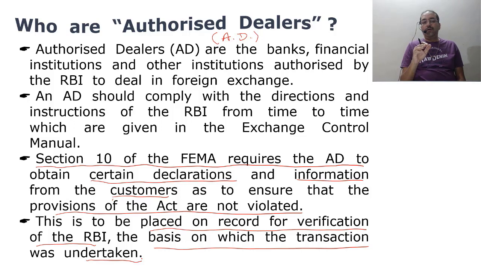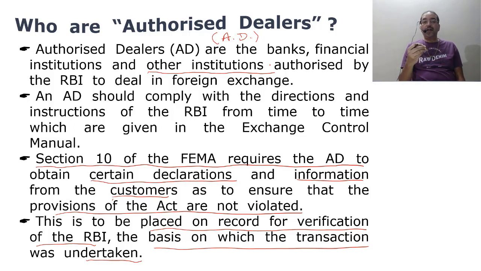Okay, so authorized dealers are those institutions like banks, financial institutions, and other institutions. We have to see now, and other institutions means who? We have not discussed other institutions. So when I say banks now, certain banks are given permission. For example, Punjab National Bank is given permission. State Bank of India is given permission. ICICI Bank is given permission. But not all the branches, certain branches of those particular banks.